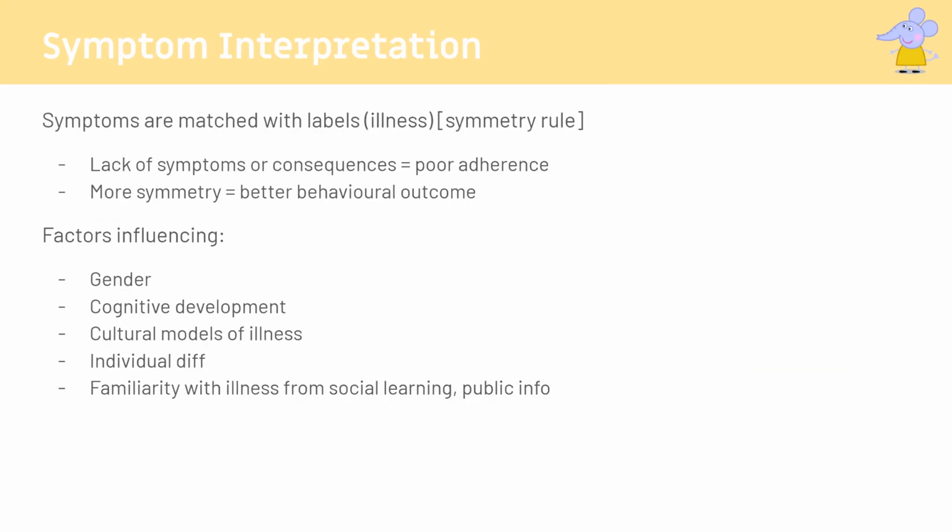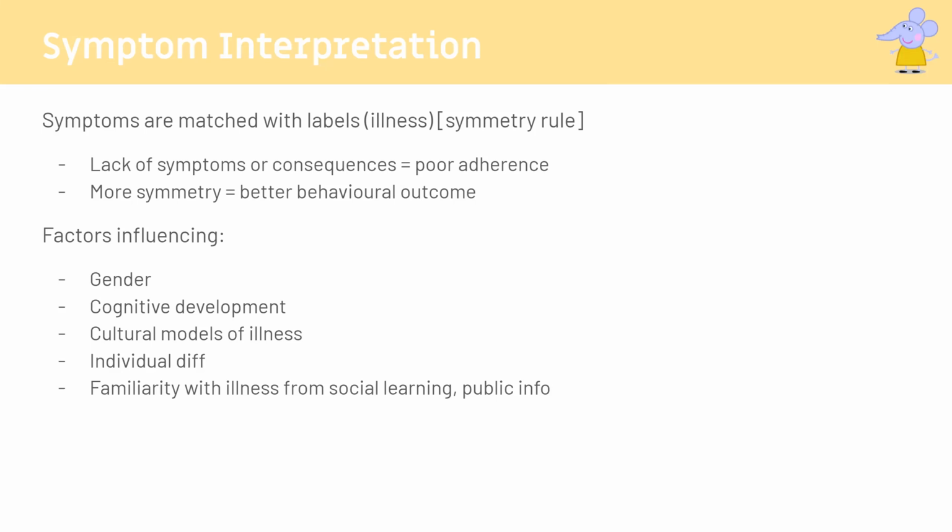Symptom interpretation: symptoms are matched with labels or illnesses. And there's something called the symmetry rule. I'm not quite sure about that, I should fix it, but basically it's a rule where more symmetry between the symptoms and the labels we're matching them with means a better behavioral outcome.